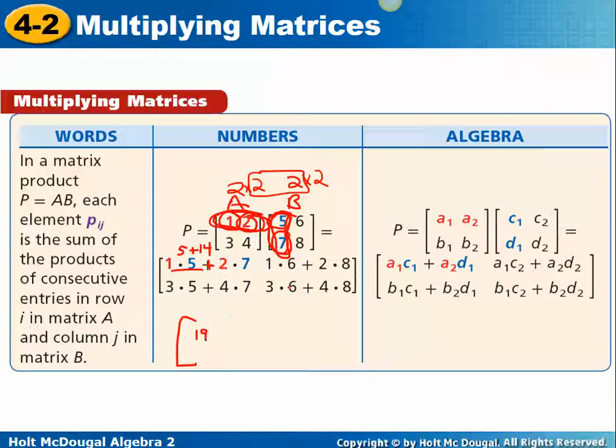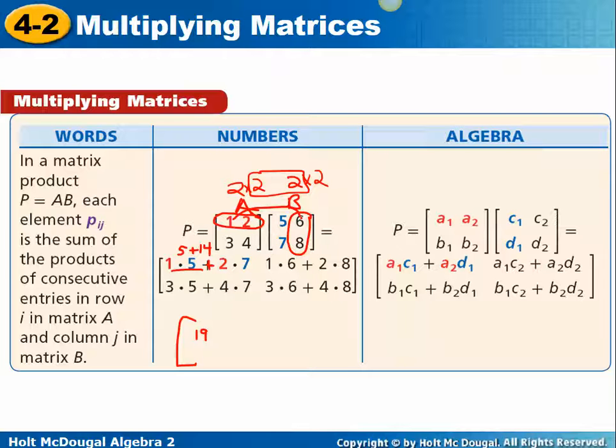Now this one you do need to write some stuff out. It's really hard to do all of this math without putting anything down on paper. It's very complicated to do all of this just in your head. All right, now we're going to go to the second entry. Remember, that's just the first entry. The second entry is going to be the first row again by the second column in the other matrix.